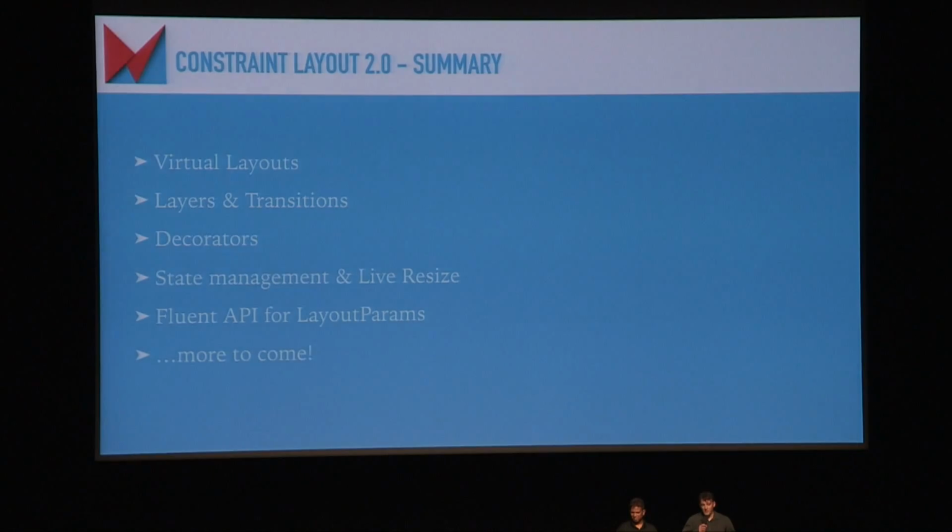One, we'll have those virtual layouts, so keep your layout flat, but still have the advantage of having components that you can then manipulate, add stuff on the fly, etc. We have more helpers with layers, the ability of reusing these behaviors, the integration with the tooling, the decorators, the state management, and the live resize, which we think is going to come really handy with devices like Chromebooks, where suddenly this type of on-the-fly adaptation is a lot more important than it used to be. And finally, this Fluent API.